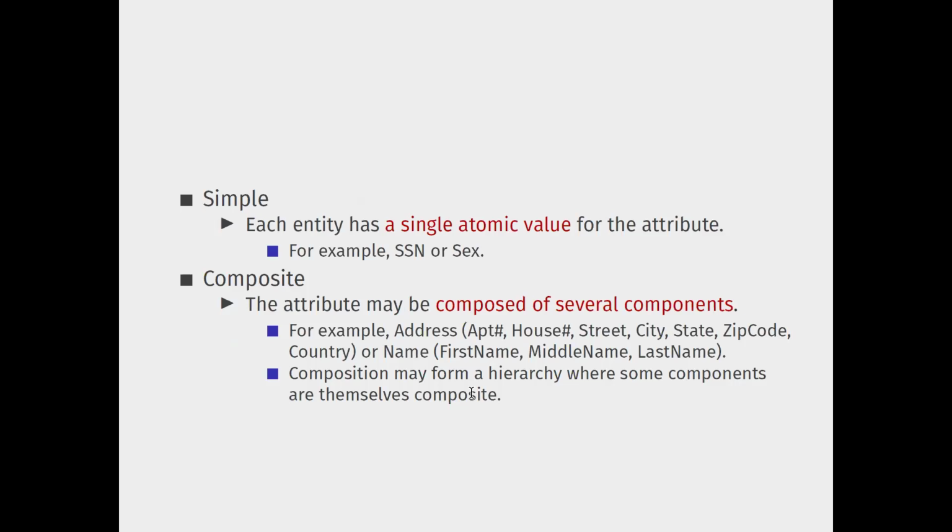Right. Now, we are going to talk about different types of attributes. When we say attributes, there are various different types. One is simple attributes. For example, earlier I said we have, let's say, a student, and I told you this is an entity. So we can have simple attributes.